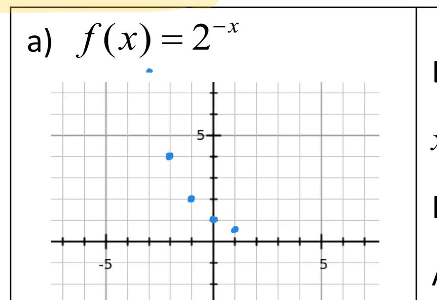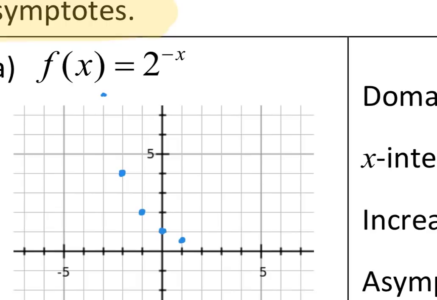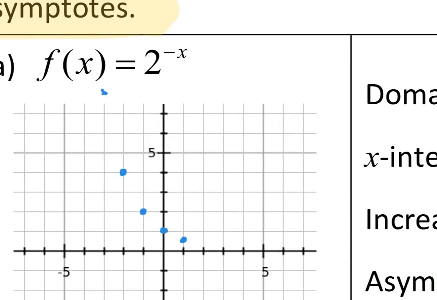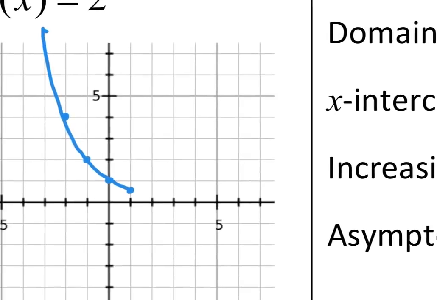I also kind of, just because I think this way, I know that (-3, 8) would be about there. And so just to give myself a guiding point to shoot for when I'm drawing the graph on the left, I always put that little point faintly up there. Don't do it if you can't be accurate, but it just gives me something to shoot for. And then the graph comes down toward the x-axis.